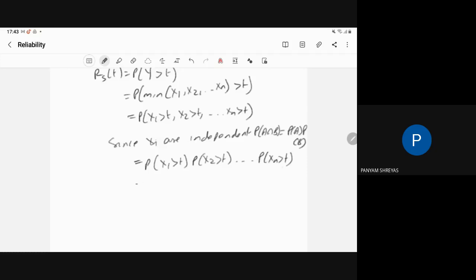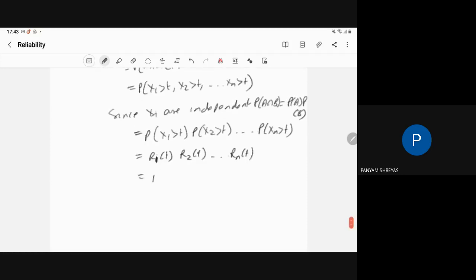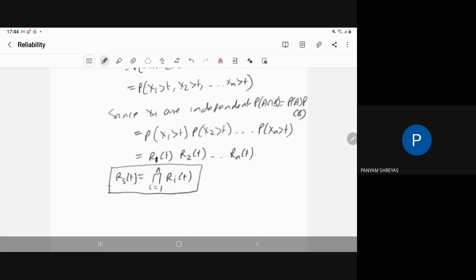And what is this? This is R1(t), R2(t), the reliability of the components, up to Rn(t). It means the reliability of the system is the product of Ri(t), i from 1 to n, the reliability of the components.